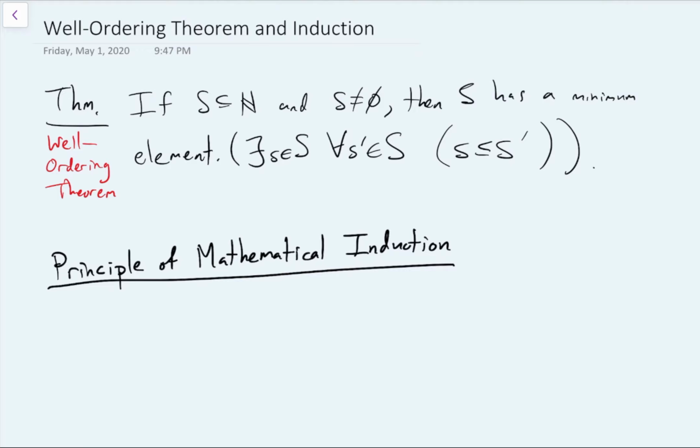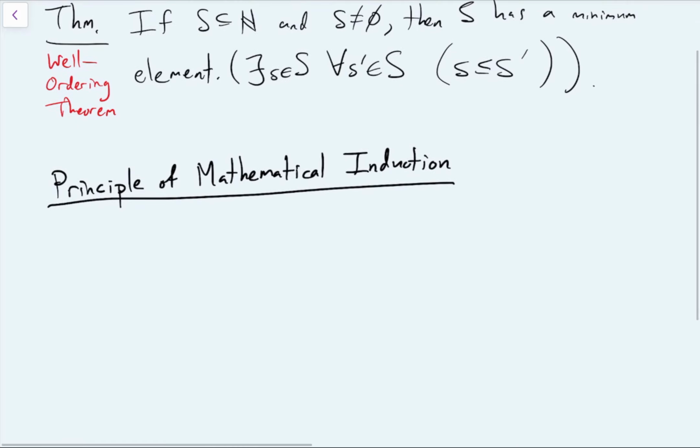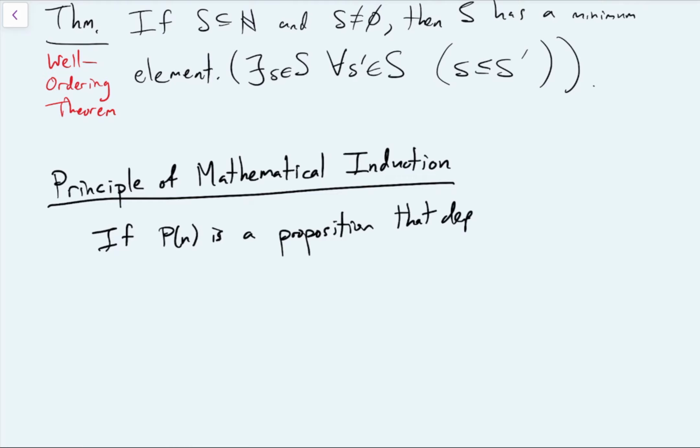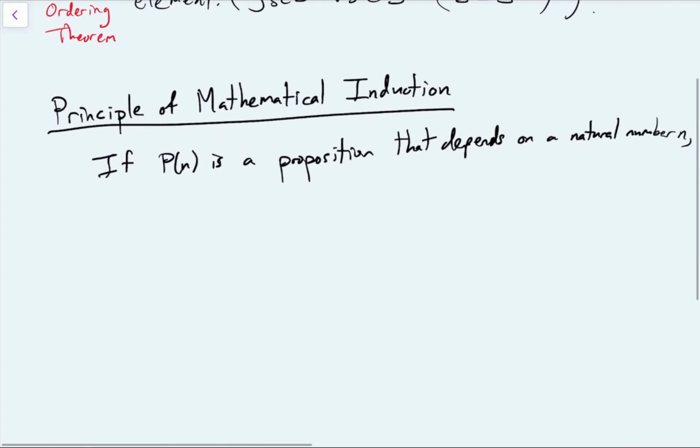The principle of mathematical induction says, if P of n is a proposition that depends on a natural number n, then the following implication is true.